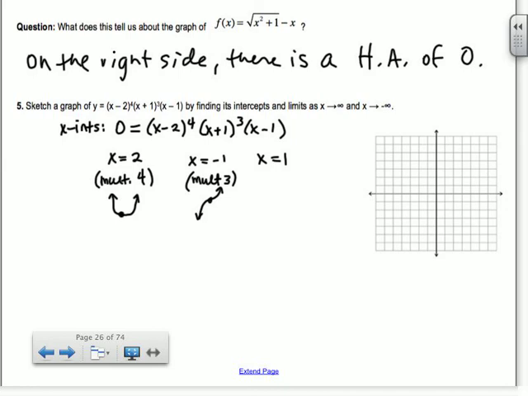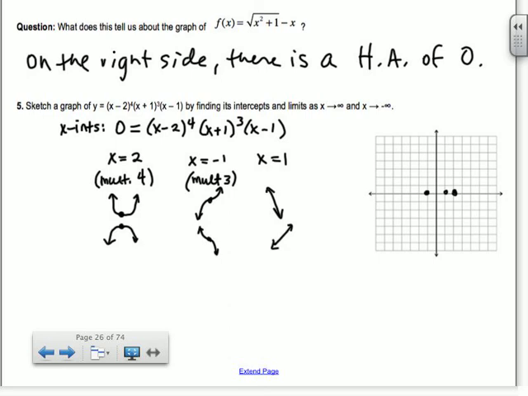Okay, so we have at 2, multiplicity 4. At negative 1, we have multiplicity 3. And at 1, we have multiplicity 1. So at 1, it just goes straight through. And now these can go either direction. It could look like that, or it could look like that. So we have to kind of determine that as well.